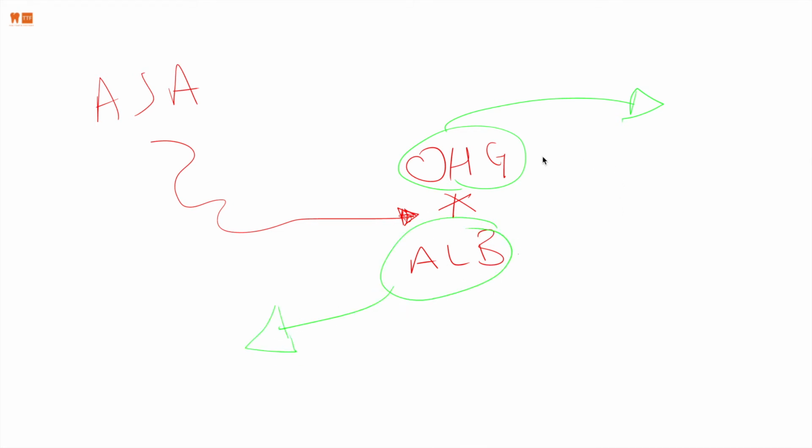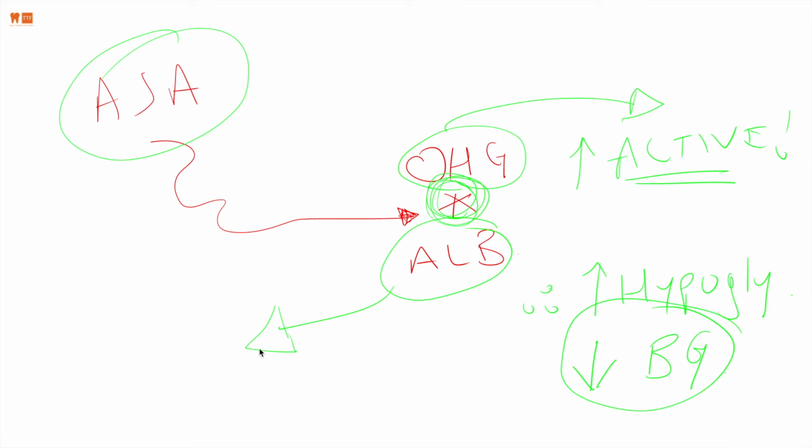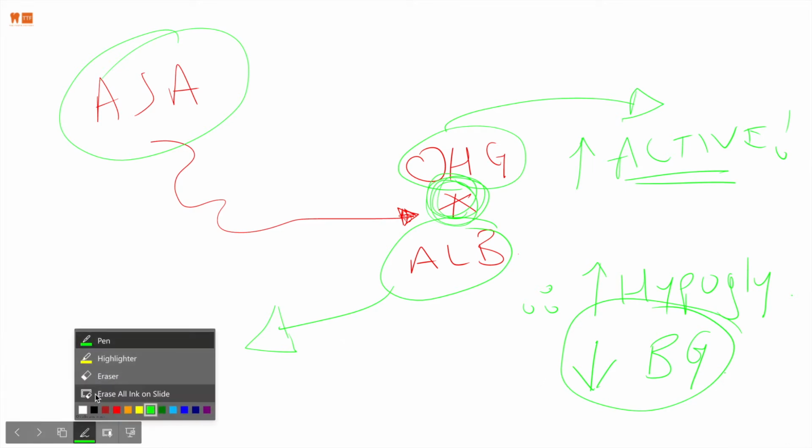Therefore, now oral hypoglycemics are active. Remember, this was not intentional. This is when ASA, aspirin, came in and broke this bond, leading to excessively active oral hypoglycemics. Therefore, increased hypoglycemia, low blood sugar levels. Okay, I hope that concept is clear.